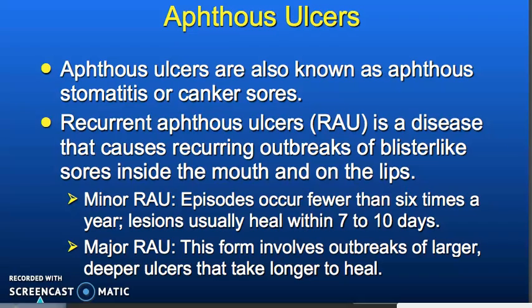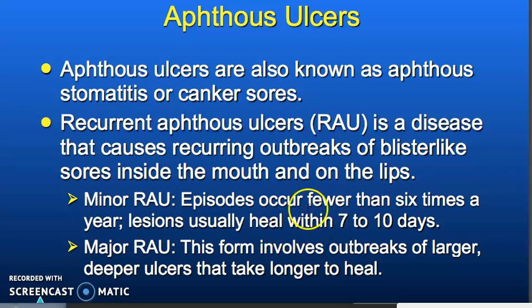You can have recurrent aphthous ulcers, RAU, which stands for recurrent aphthous ulcers. It's a disease that causes reoccurring outbreaks of blister-like sores inside the mouth and on the lips. A lot of times people may think it's a fever blister, but it's typically more in the mouth than outside.